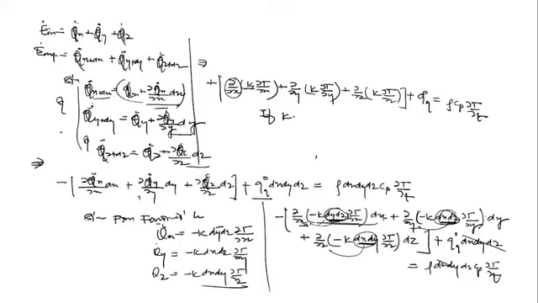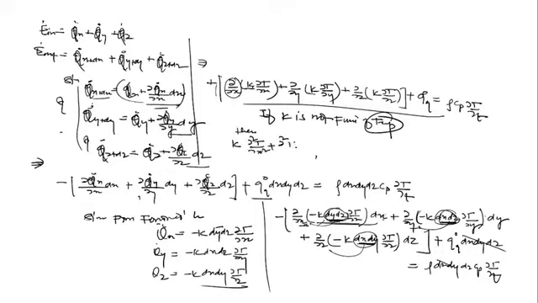So if k is not a function of temperature, then I can take it outside. Otherwise, this is your general equation. Then I can take it out: k into del 2t upon del x square, del 2t upon del y square, plus del 2t upon del z square, plus qg dot is equal to rho cp into del t upon del t.